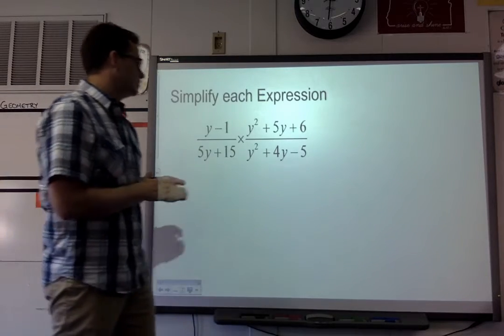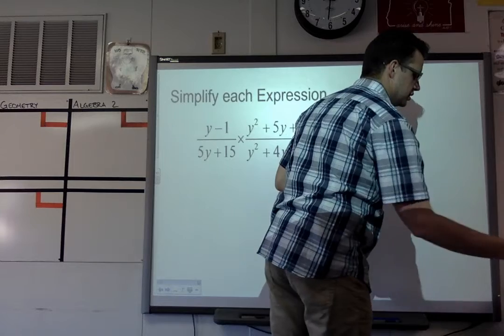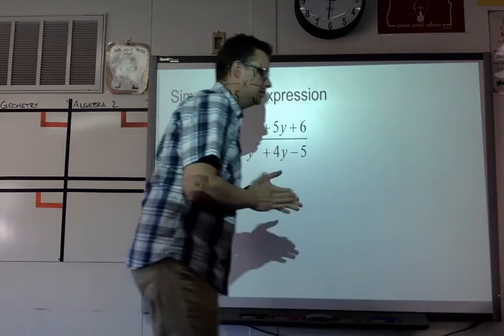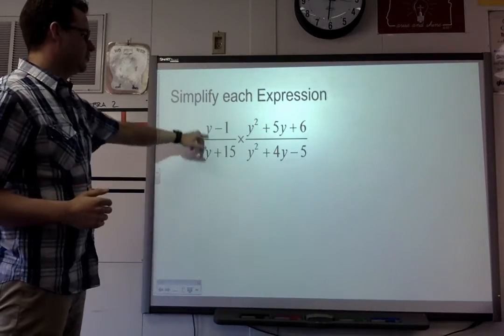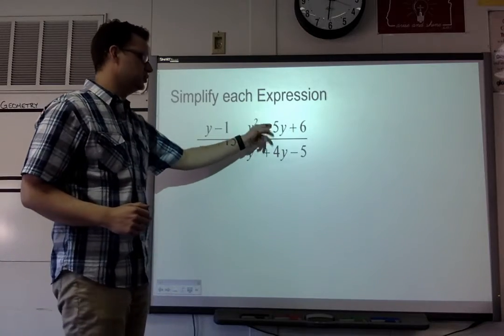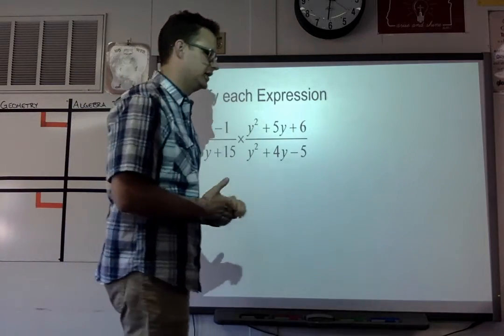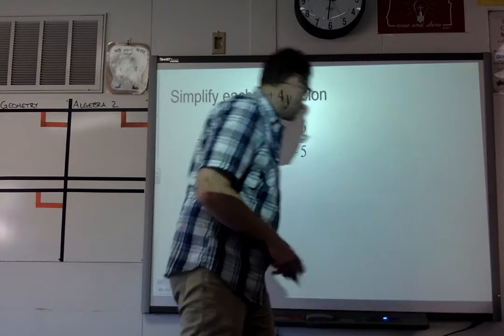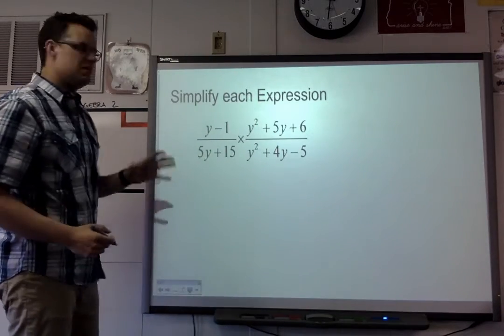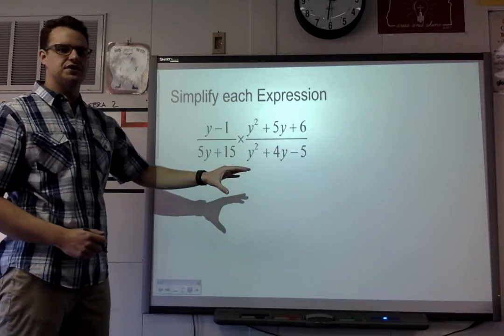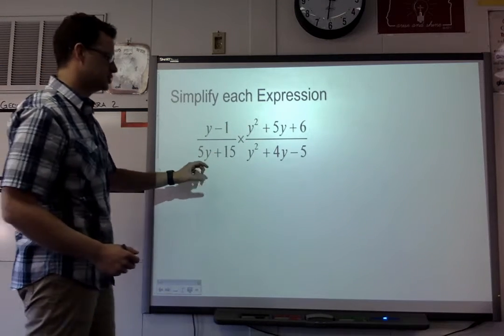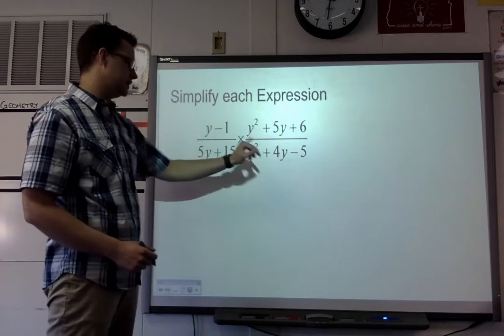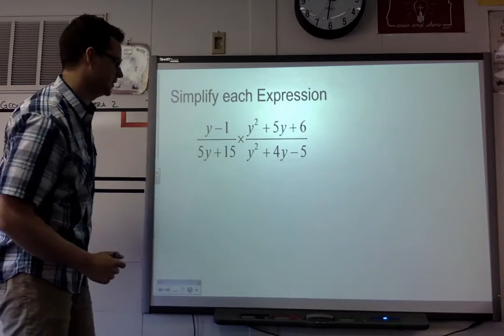Next is simplifying each expression. So this is where we have rational expressions that include trinomials in this case. So what I'm going to do here is mix what we did on that very first slide of simplifying a rational expression and what we did on that last slide of multiplying rational expressions.